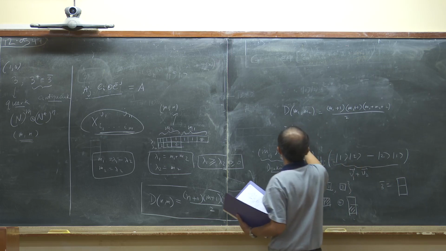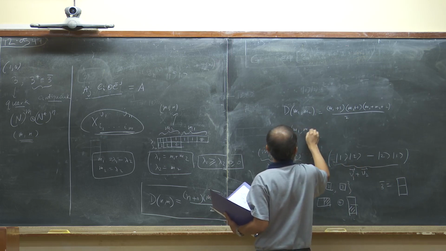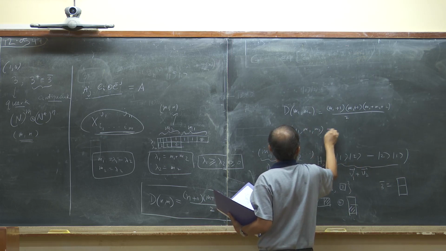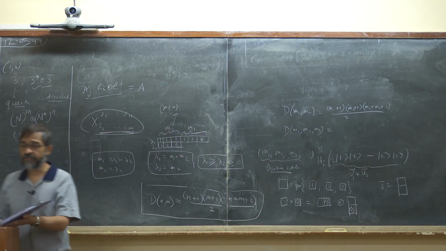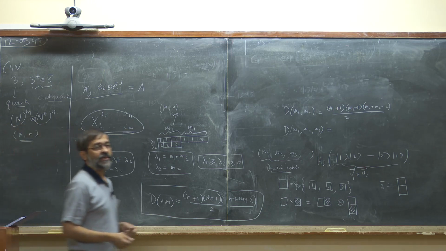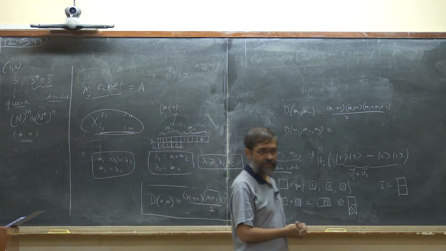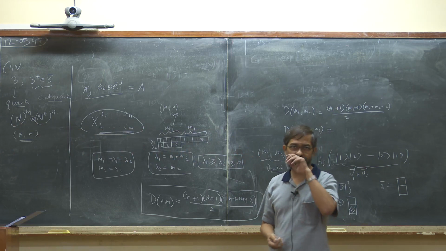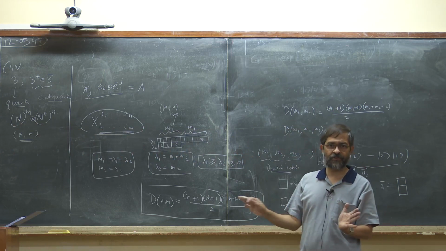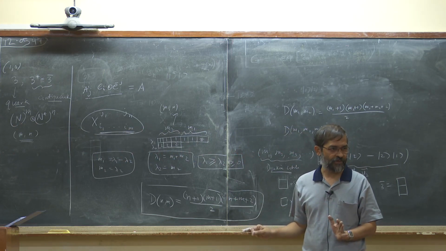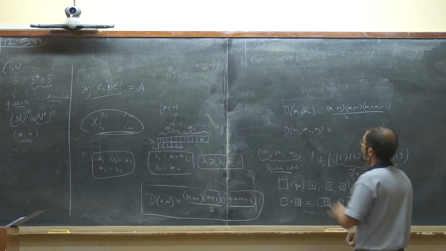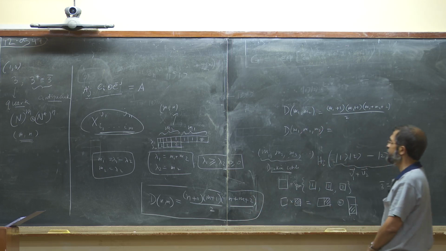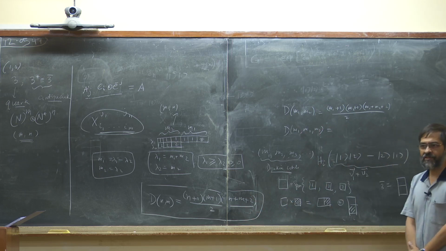In case of SU4, it has rank 3. I wanted to discuss SU4 quite a bit, because once you get the hang of SU4, then the remaining part actually becomes rather trivial. But let me just say for the moment that SU4 has rank 3. That is clear.